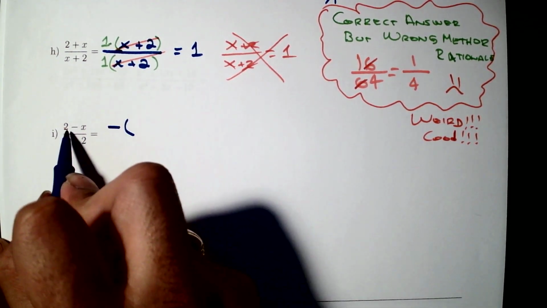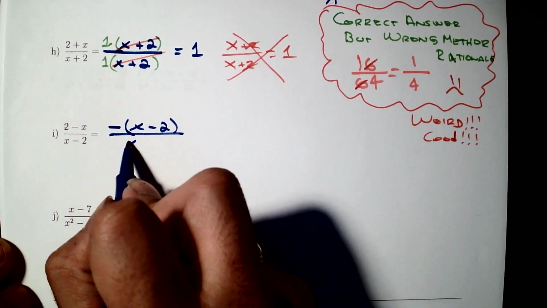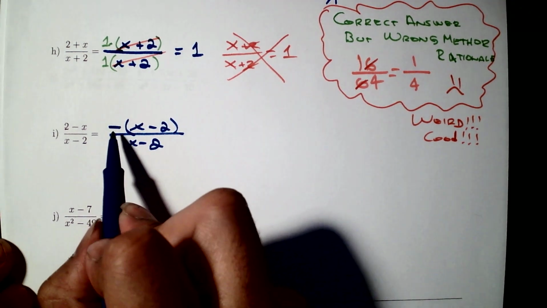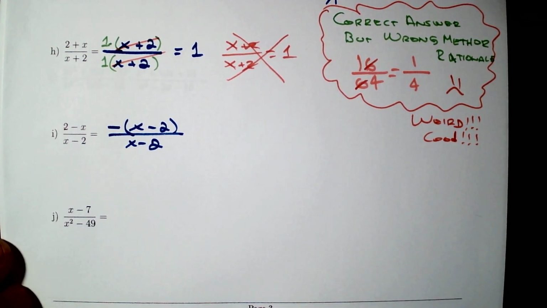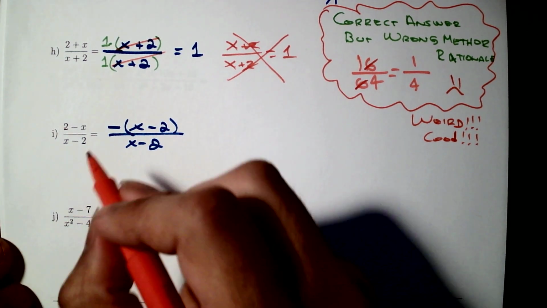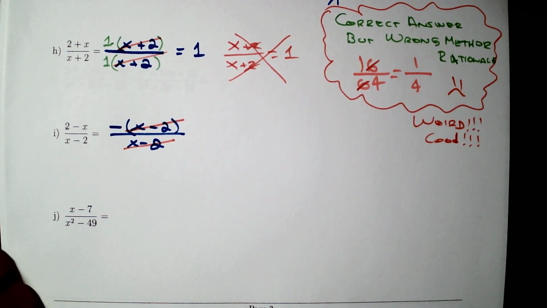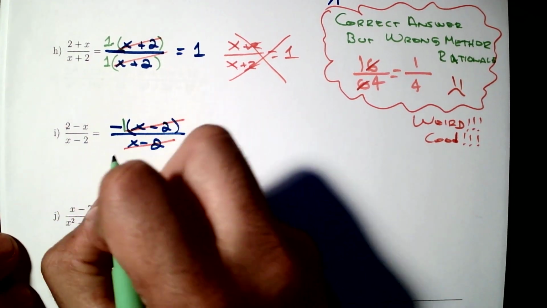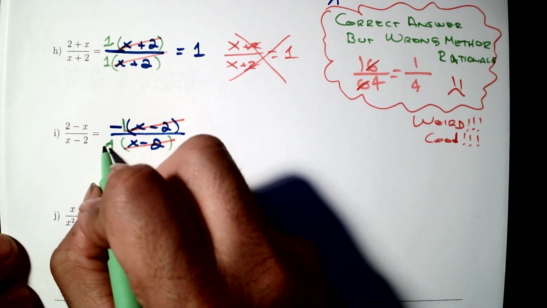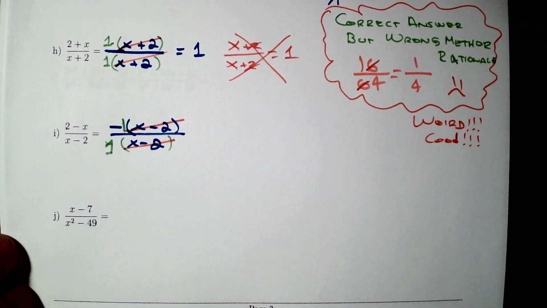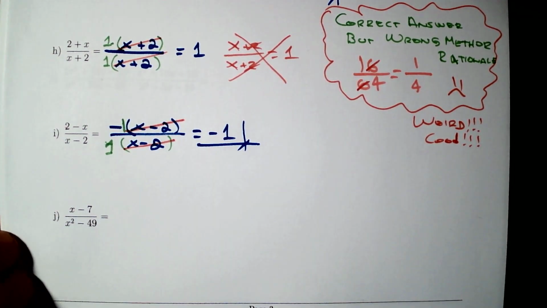If I factor out a negative sign, that changes the order to x minus 2, because negative times x is negative x, and negative times a negative 2 is a positive 2. And in this case, we divide out the whole thing, x minus 2 with x minus 2. And there is an invisible 1, an invisible 1, negative 1 over positive 1. That's negative 1.